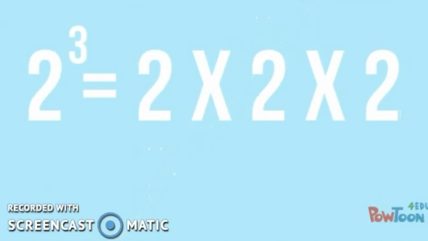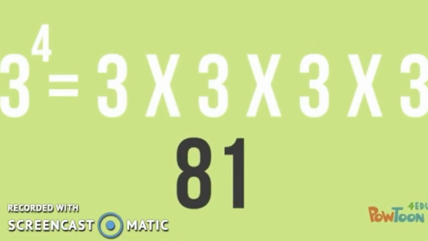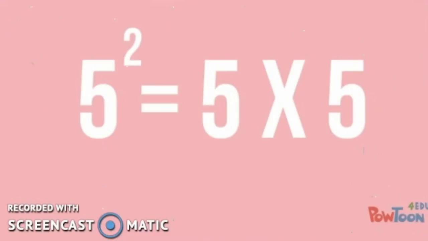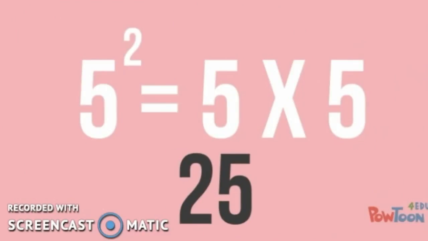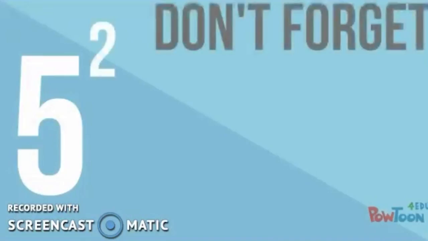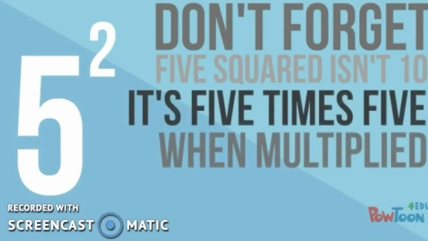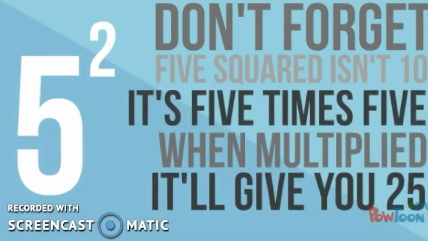It's all about the base times the base. Bring the example back. Go out and test. Don't forget 5 squared isn't 10. No, it's 5 times 5 multiplied, I'll give you 25.